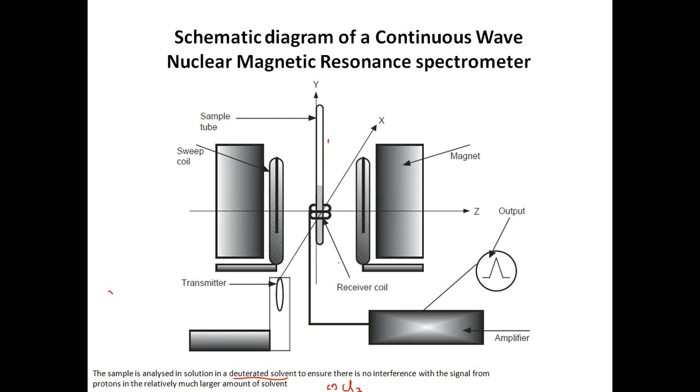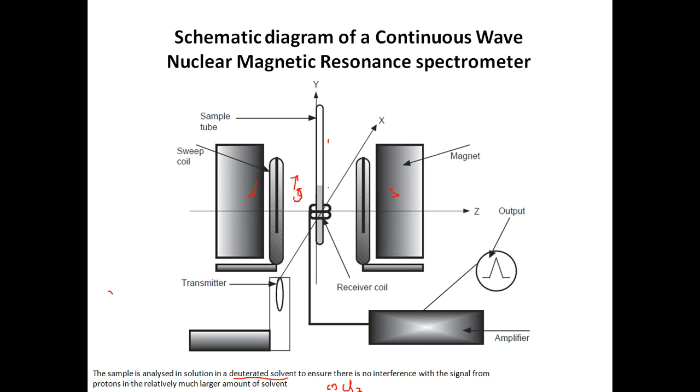So this sample is placed in an NMR tube in between two magnets, in an external magnetic field, which has sweep coils that generate particular magnetic fields around this sample tube.